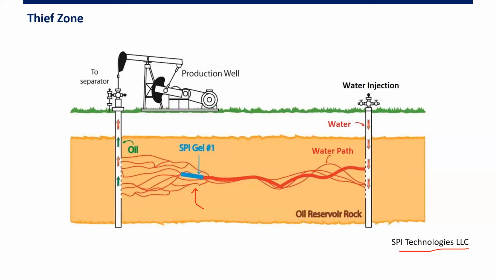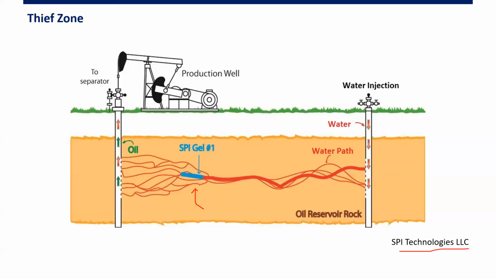And now that we have the solid gel, it will increase the resistance to flow for the water, which means this zone with the solid gel will no longer be the zone with least resistance. So now water will not prefer to flow through this zone because now it's so restrictive.